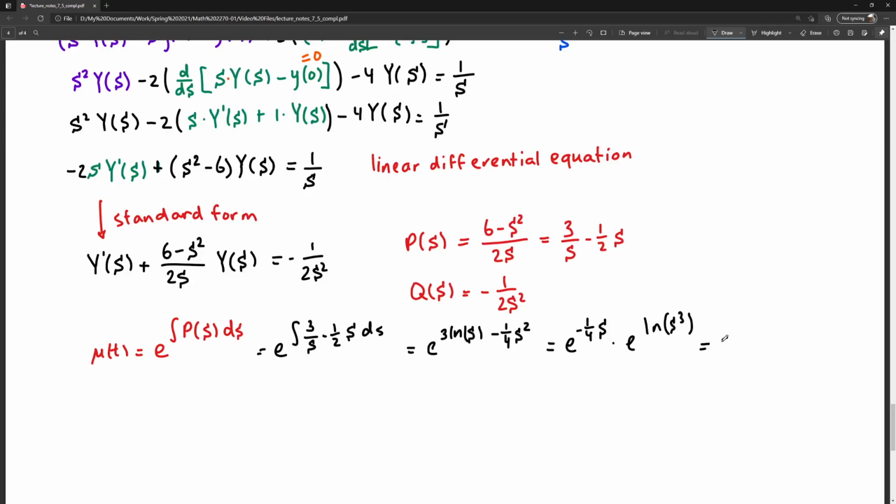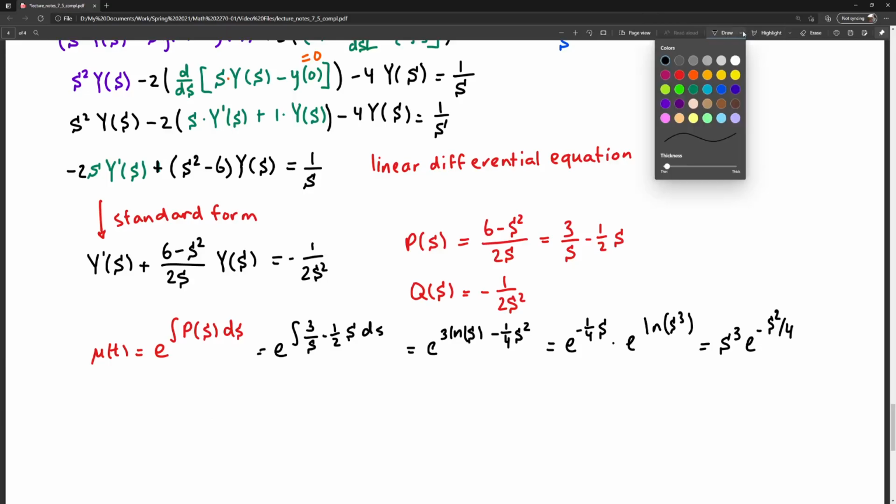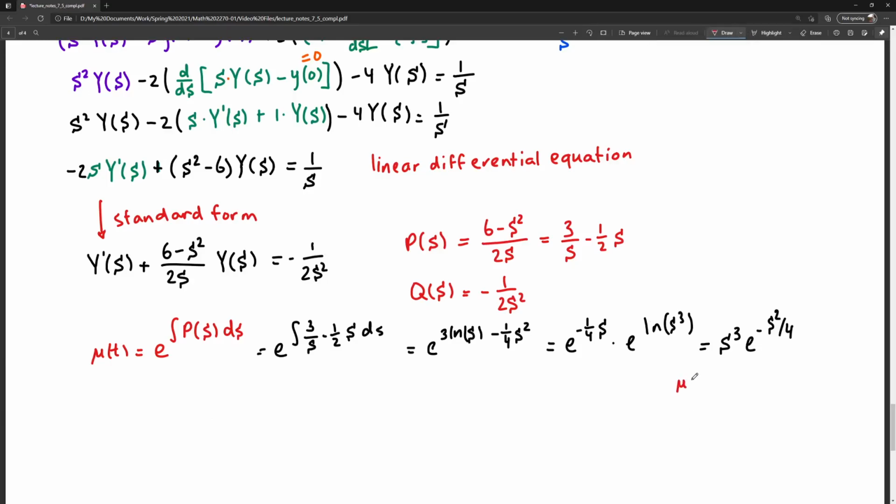So my integrating factor is s cubed e to the power negative s squared over 4. That's my mu of t. So let me summarize that: mu of t equals s cubed e to the power negative s squared over 4.